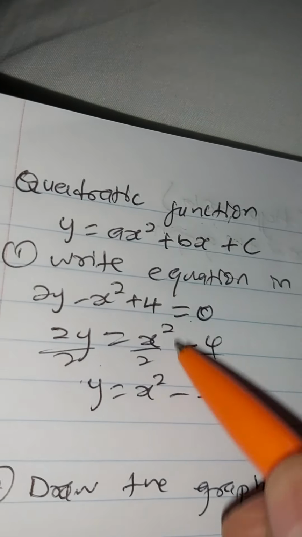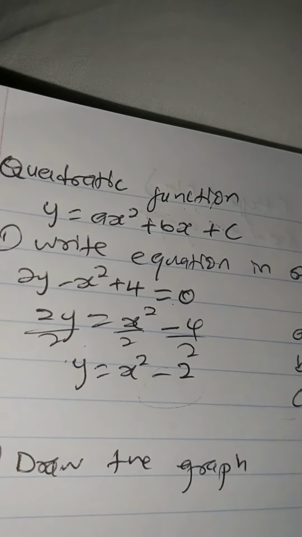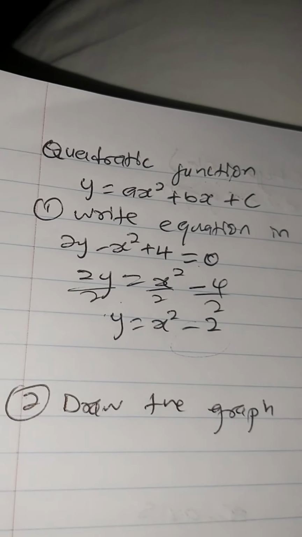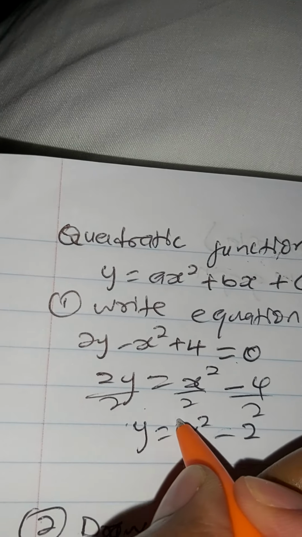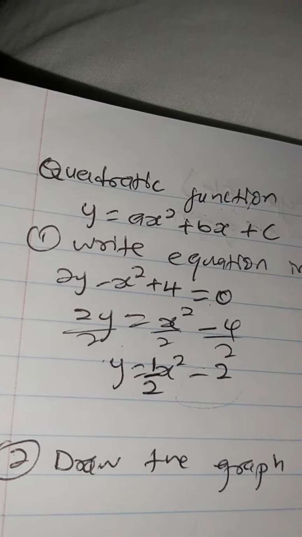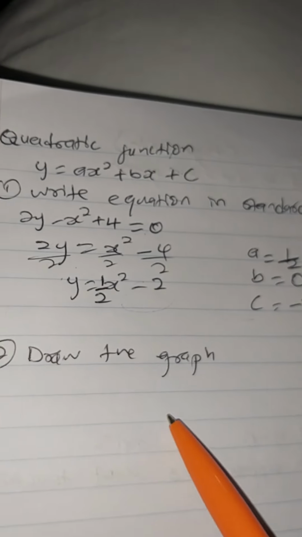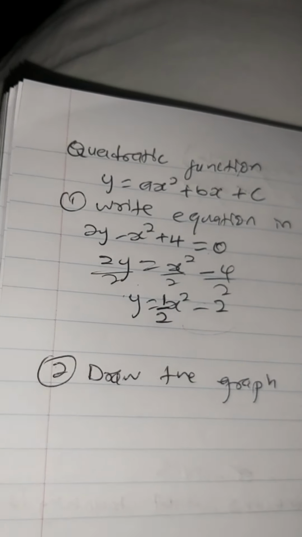C is the constant, which is minus 2. Wait, why am I missing that? So a is 1/2, because this is half. I forgot to put that.